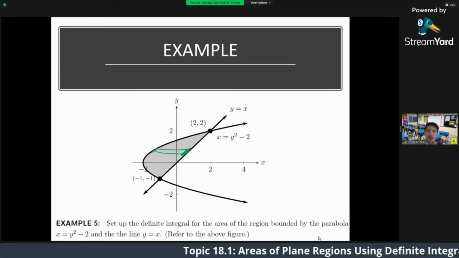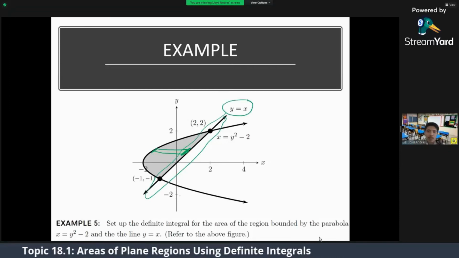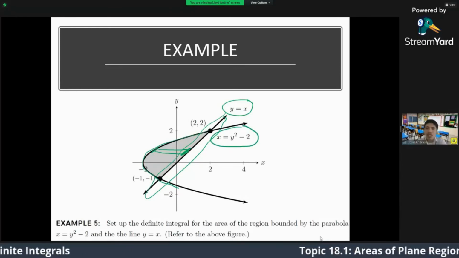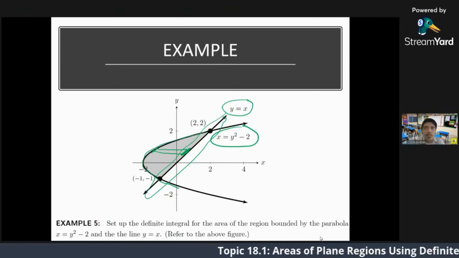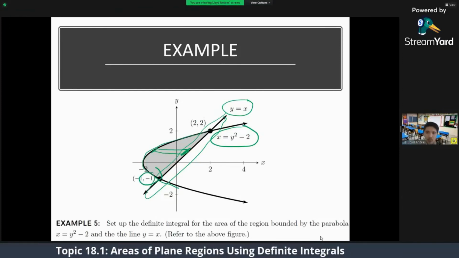The right function is the line, with its equation. The left function is the parabola, with its equation. This time, the limits we use are the y coordinates, so negative 1 and 2.